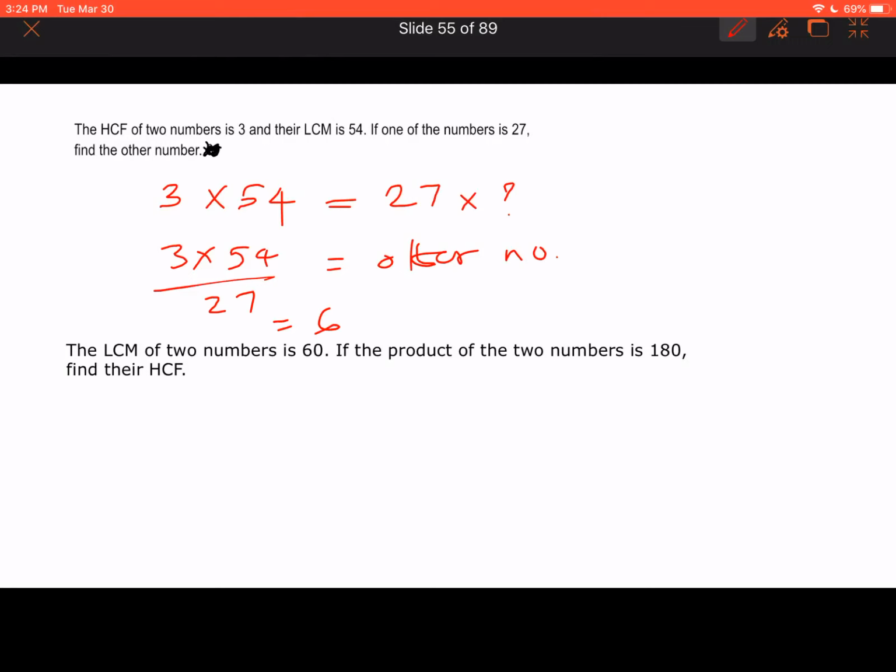Okay. LCM of two numbers is 60, and if the product of the two numbers is 180, what is HCF or GCF? Okay, so HCF is equal to 180 by 60, which is equal to 3.